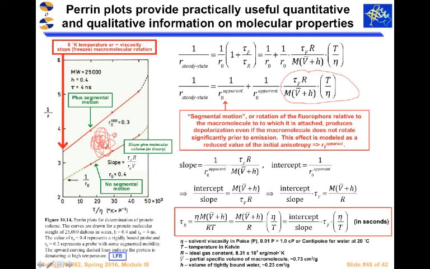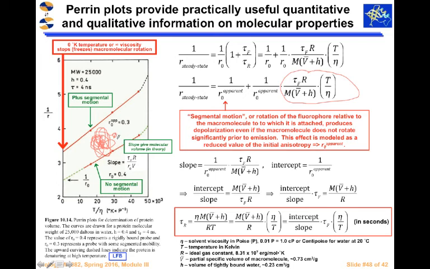So when you do this kind of experiment, effectively you're progressively freezing out the rotation of the macromolecule without much affecting the segmental or local motion of the fluorophore reorienting itself relative to the macromolecule. When you do this kind of Perrin plot and extrapolate to 0 temperature or 0 T over eta, you're seeing what the anisotropy would be when the macromolecular rotation is stopped, but any other segmental motion is still going on.